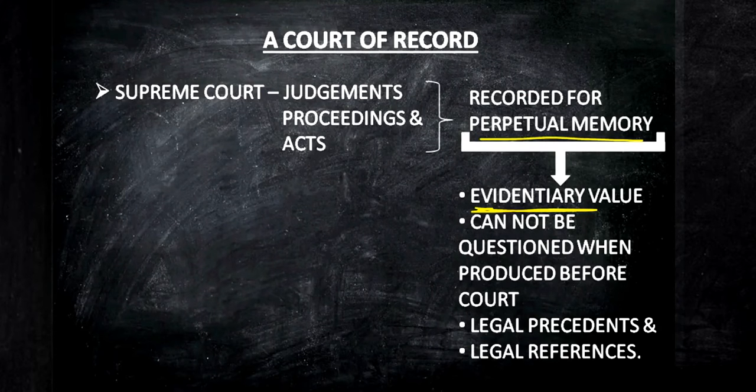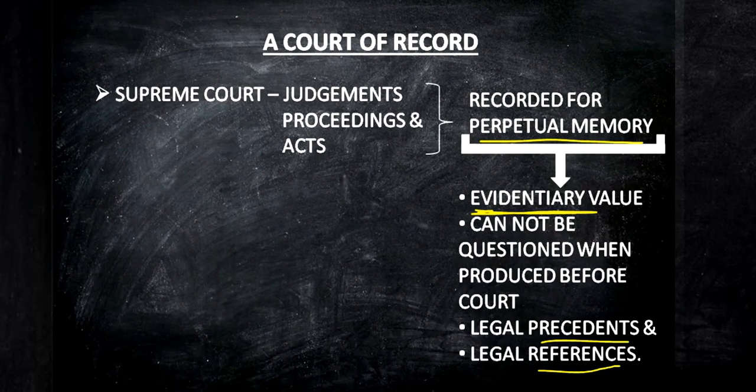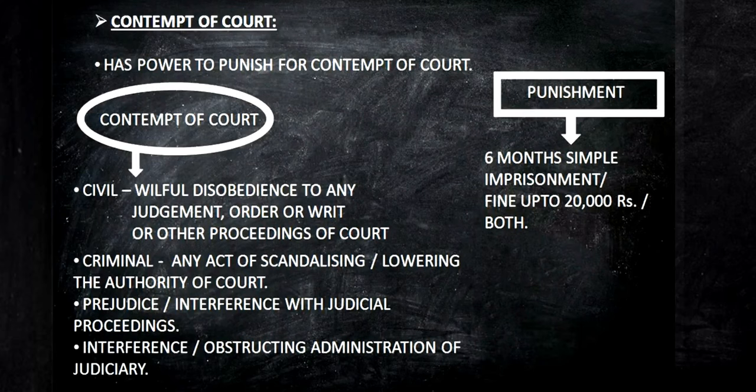The court cannot say that. And these recorded things can be used as legal precedents and legal references in dealing with some of the cases. Is it clear? Now let us move on to the next one.